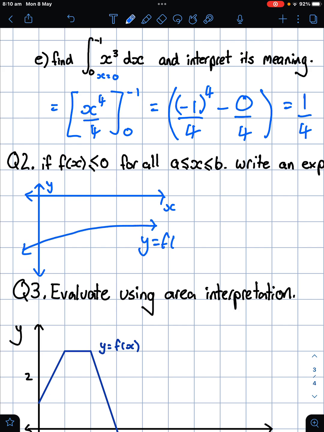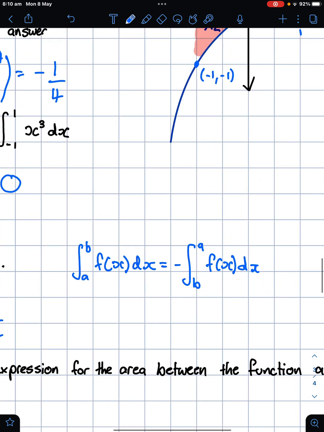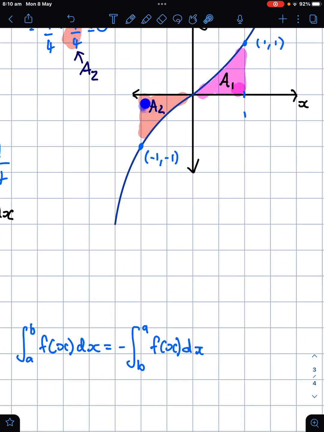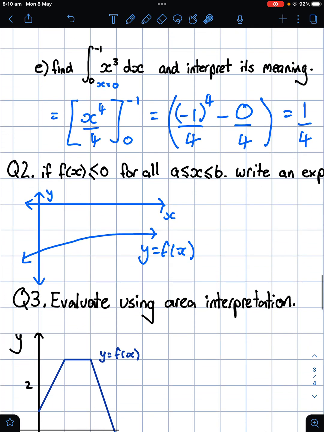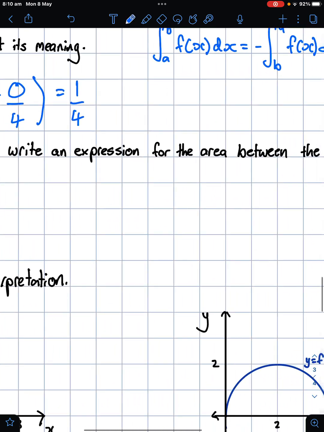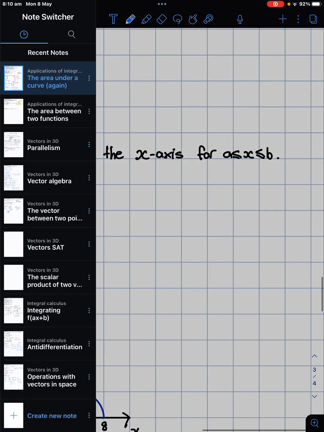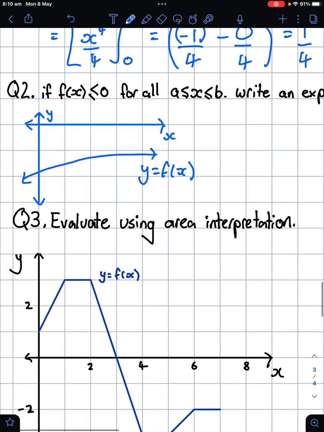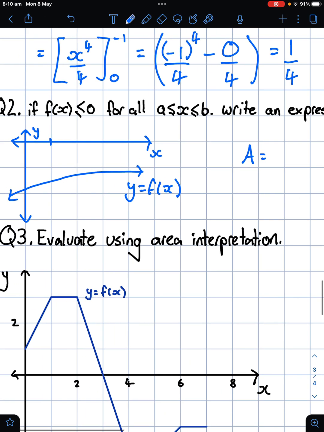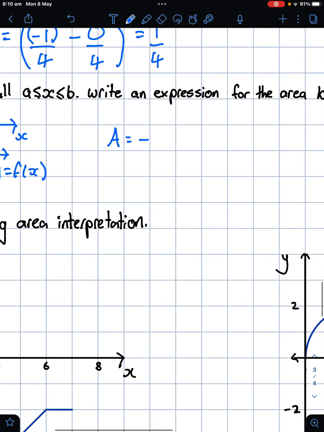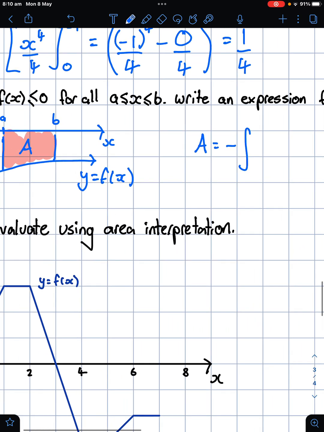So if we've got y equals f of x below the x-axis, as we've seen above, we end up with these negative areas, and you can't have a negative area. So how do we change that? We should be thinking, if we multiply it by -1, chances are we're going to get the correct thing. So the area of this shaded space between a and b should be the negative integral.